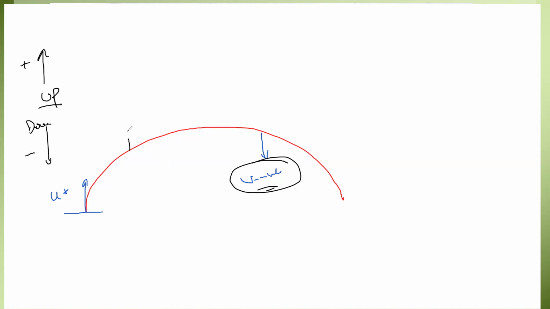So the velocity at this point I will consider as positive, but the final velocity at this point, where it is coming down, I will consider as negative. Same way, the final velocity at this point will be negative as well.